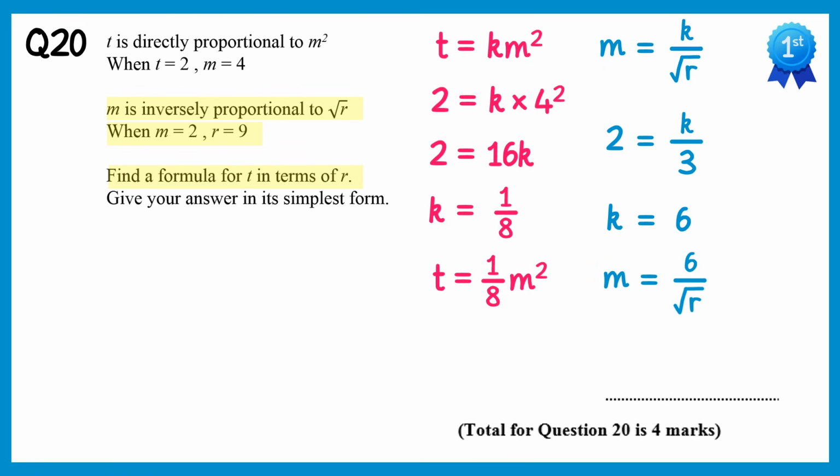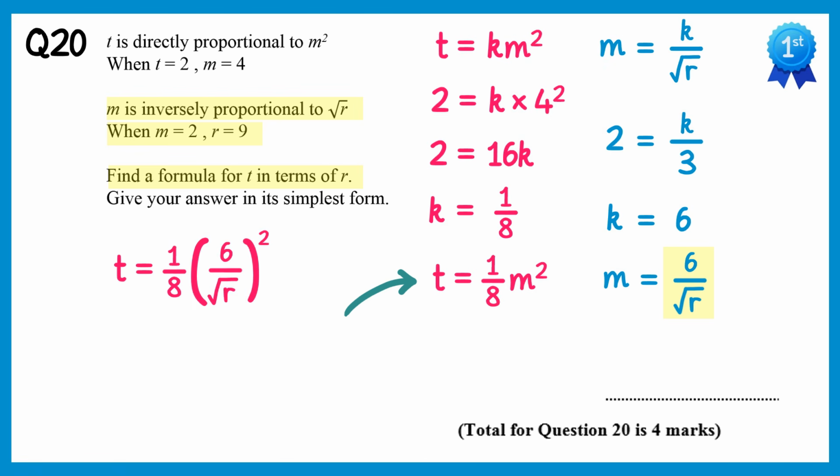We were asked to find a formula for t in terms of r. If you look at this first one here, we have t in terms of m. So we could write this out, but change the m using the second formula. We could substitute m for 6 over square root r. So we'd write t equals 1/8, and it's then m squared, but instead of m, we're going to write 6 over square root r.